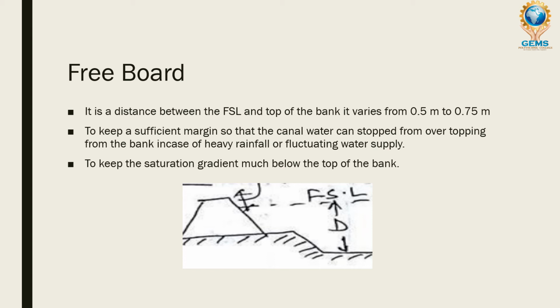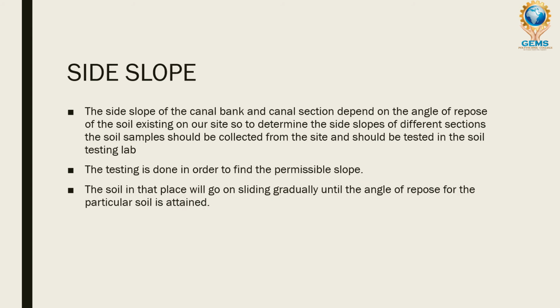Now we are going to discuss the side slope. The side slope of the canal bank and canal section depends on the angle of repose of the soil existing on our site. To determine the side slope of different sections, the soil sample should be collected from the site and tested in the testing lab. I am going to explain this point.